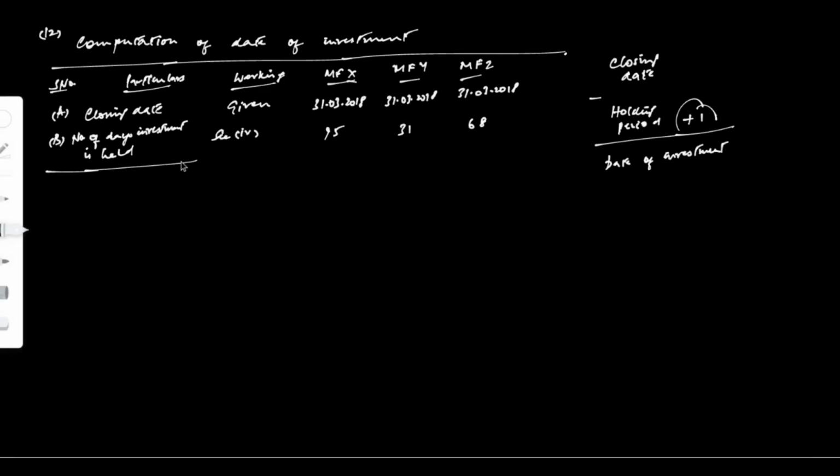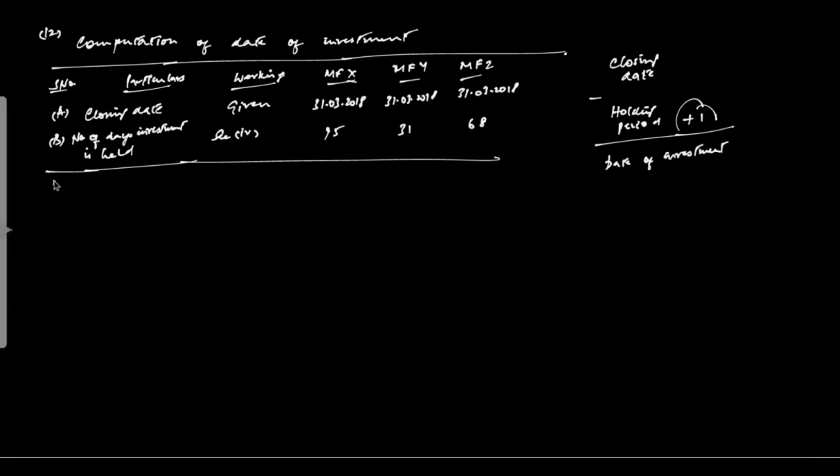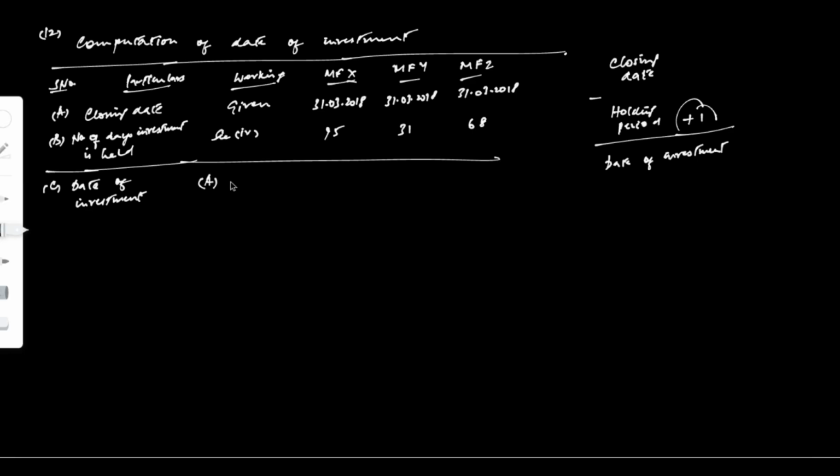Now we'll find out date of investment. So it should be A minus B. Ideally it should be A minus B plus 1, but we will see now. Okay. So now back working. How many days are there in March? It is 31.